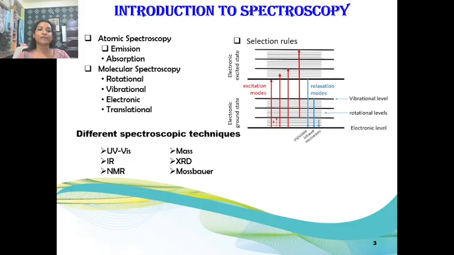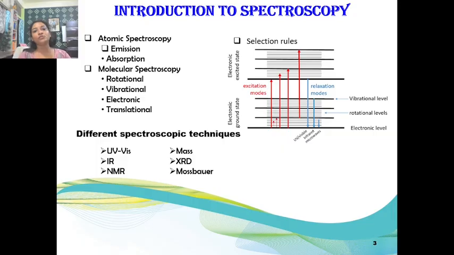So molecular spectroscopy is related to all these four types of spectroscopic method. Now, different types of spectroscopic techniques are used like UV visible spectroscopy, IR spectroscopy, NMR spectroscopy, mass spectroscopy, XRD, Mossbauer spectroscopy, etc. In this PPT, we will discuss UV spectroscopy, IR spectroscopy and NMR spectroscopy.